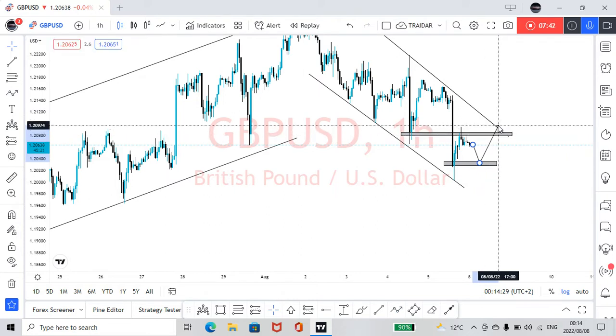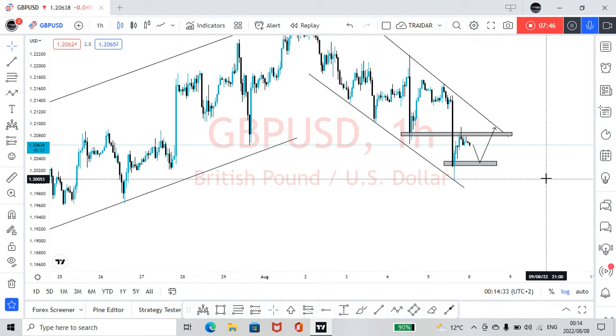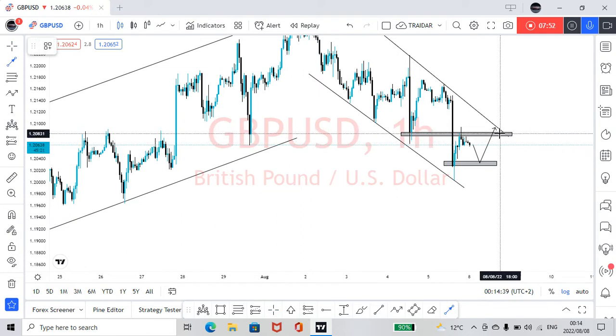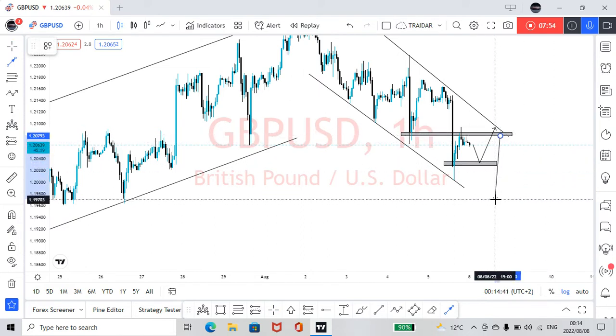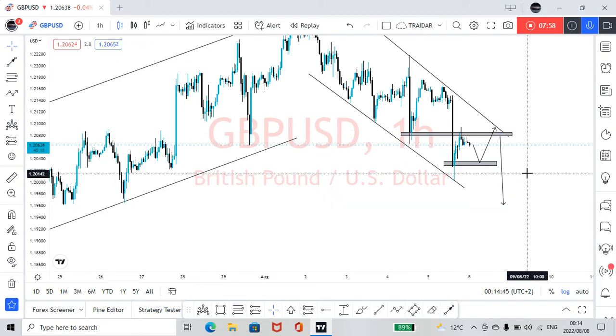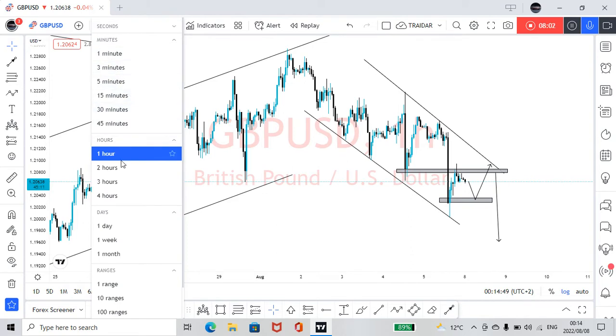It might come all the way here to touch this area before it can actually continue its move all the way to the downside. So for now, I'll just give you guys this move and then we'll see what happens when it gets here. And then that's where we can decide that it's continuing its pattern with the move to the downside. So that's it on GBPUSD, guys.